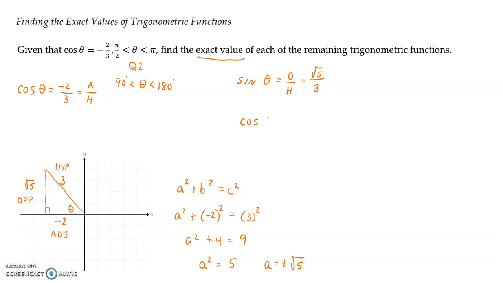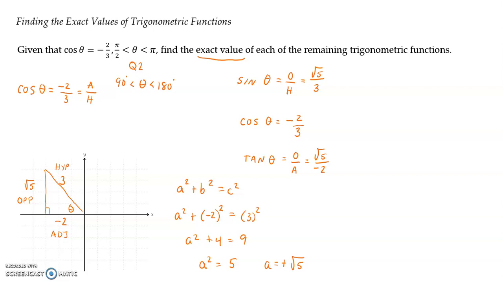This information was given to us in the problem. We know it's a negative 2/3. Tangent of theta is going to be our opposite side over the adjacent side. So we have radical 5 over a negative 2.